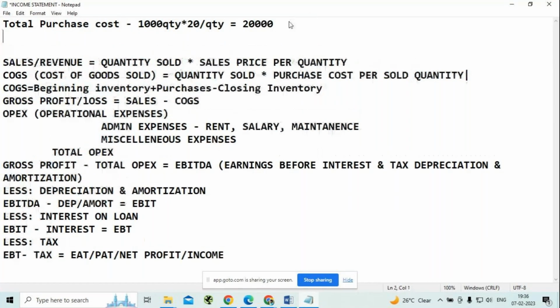Now, out of this, sales has happened: 600 into 25, which gives the value of 15,000.